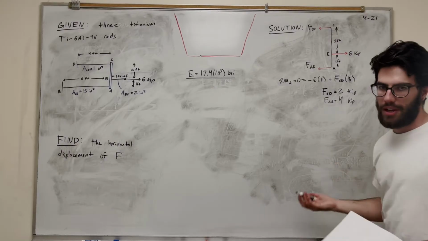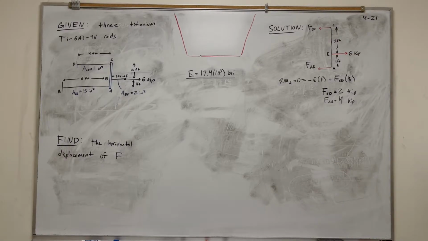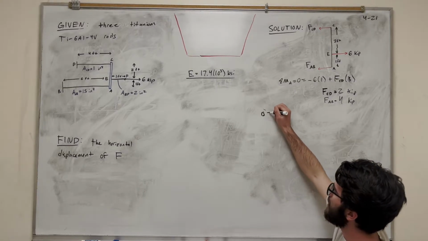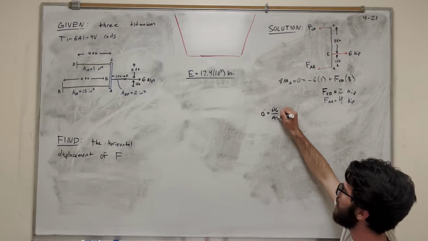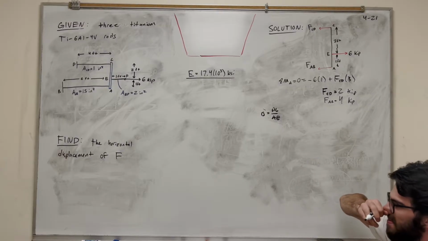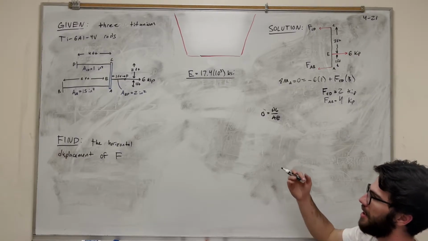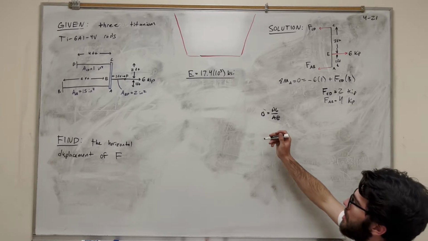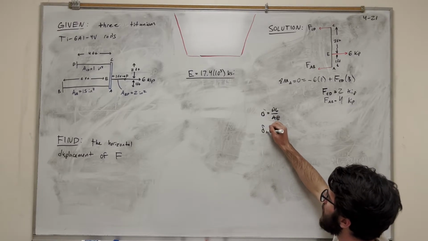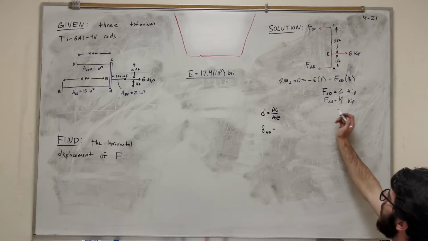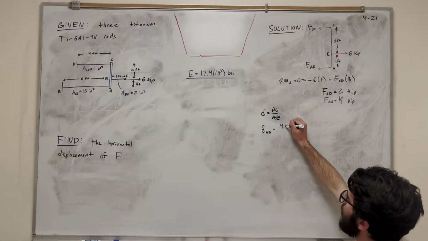So now we can find the displacement. Using that displacement formula, let me write it out. Displacement is equal to PL over AE: force, length, area, elasticity. We want to find the change in length of AB and CD. Let's start with AB. The force in AB we just found is 4 kip, so we write that as 4.